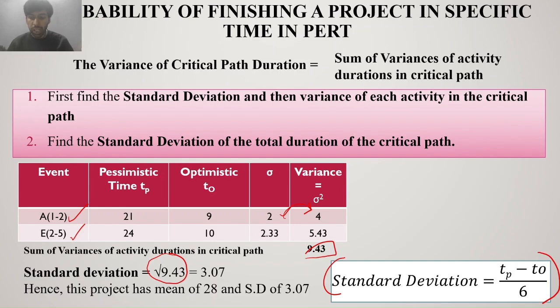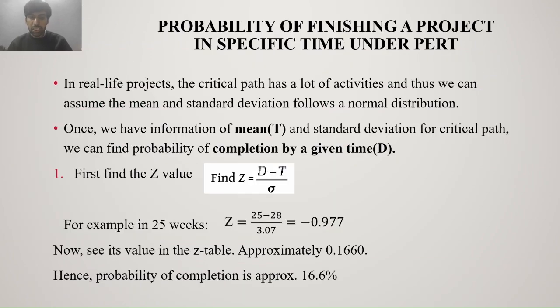Now we have two values we just found. One is that this project is finishing in 28 weeks according to the expected time, and its standard deviation is 3.07. Once we have this value, we can simply use the Z tables to help us find the probability.